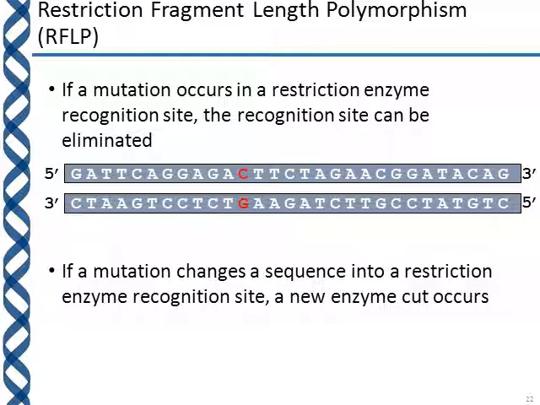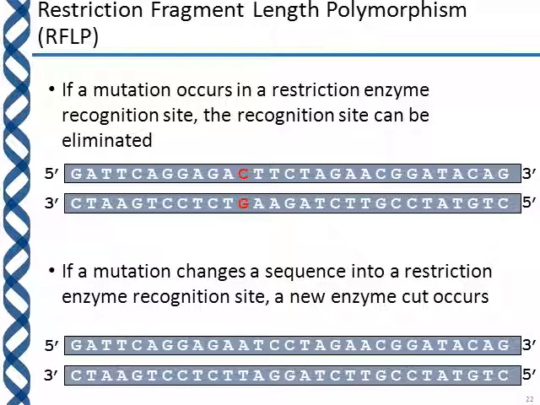On the other side, if a mutation changes a sequence into a restriction site recognition area, then a new enzyme cut can occur. Again, here's our piece of double-stranded DNA, and here you'll recognize that the GAATTC site has been changed to a GAATCC site by a mutation, such that now it is not an EcoR1 recognition site, so it can't bind and it can't cleave.